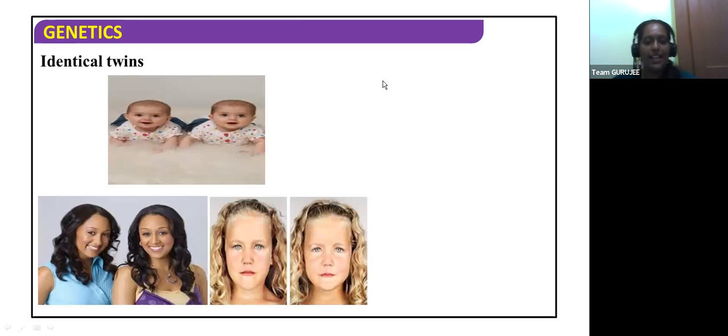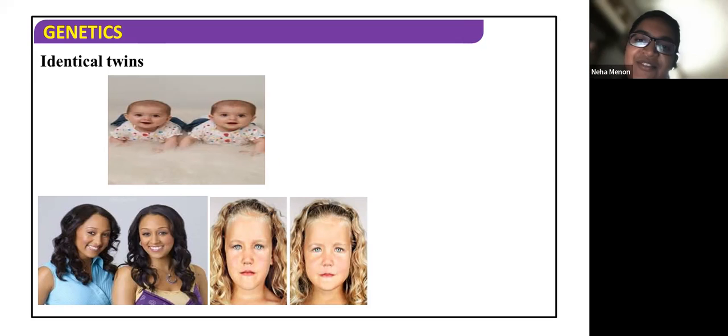They look similar, kind of, not exactly, but we know about identical twins. So who is going to tell me what identical twins are and how they are formed? We just saw it in the last class. Except for the new person, anybody can tell. How are identical twins formed? Identical twins can be formed under 2 conditions.